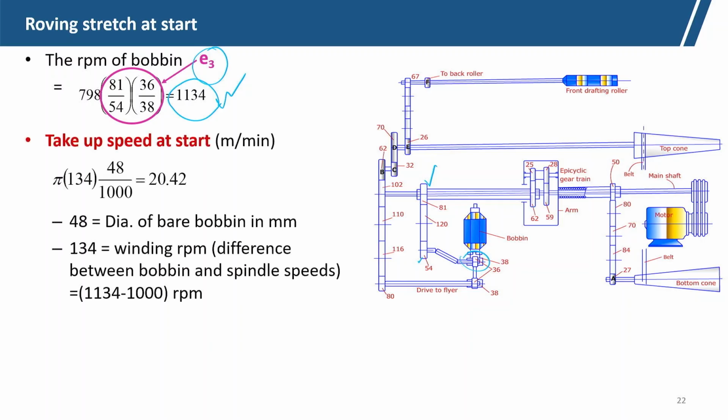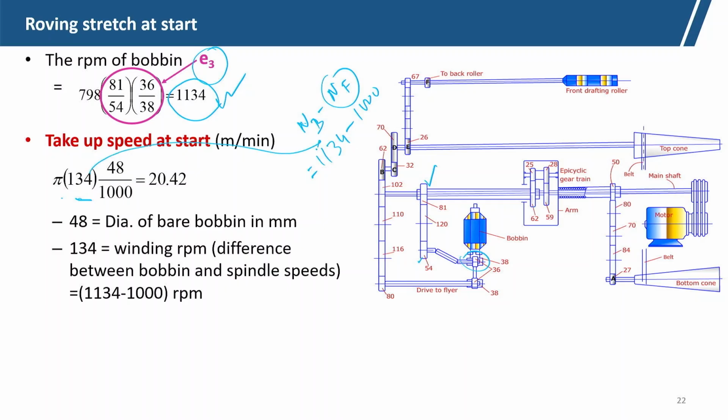So, the take up speed will be pi d times (NB minus NF). NF is 1000, we have seen already. So, 1134 minus 1000 becomes 134.